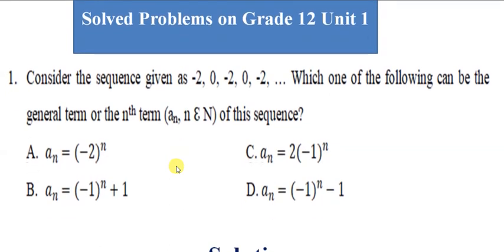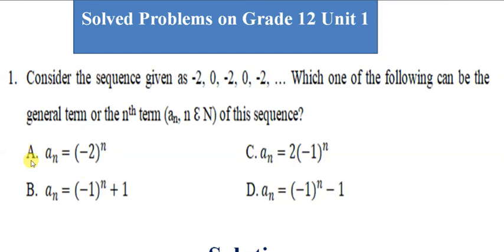To solve this question, you have two options: either formulate the general term, or try some natural numbers n in each of the general terms indicated in the four choices.